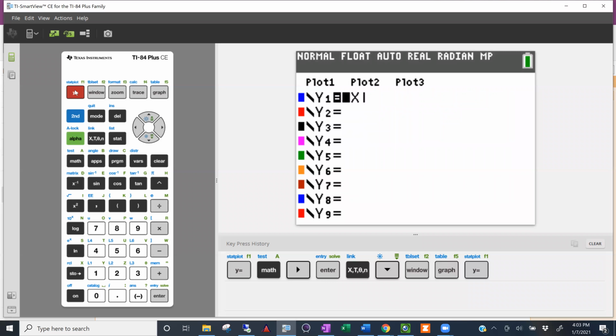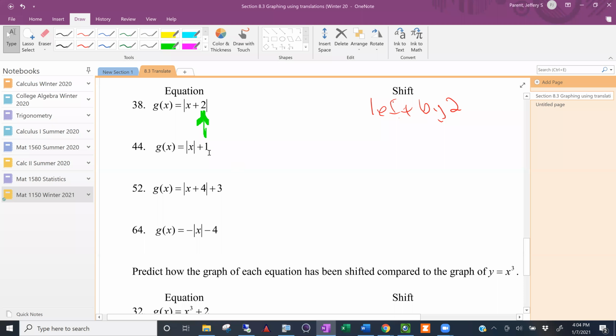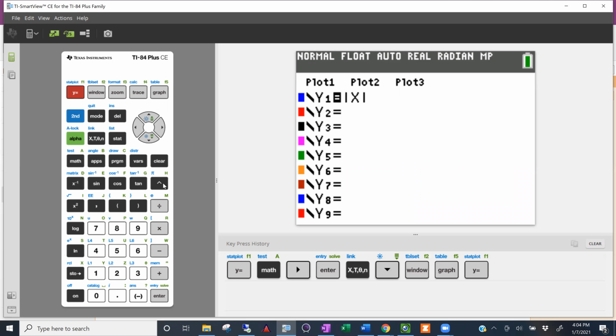Let's compare that to the graph of the absolute value of x plus 1. So we're going to do this next little bit here. And maybe you can kind of predict what you think is going to happen with this one. So go back to your equation editor, hit the Y equals key if you haven't already. Come down.